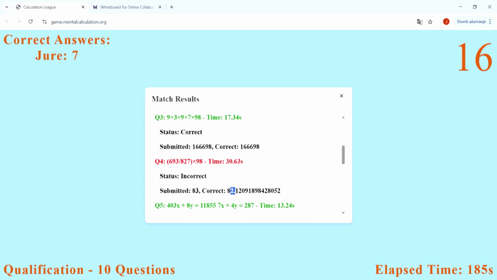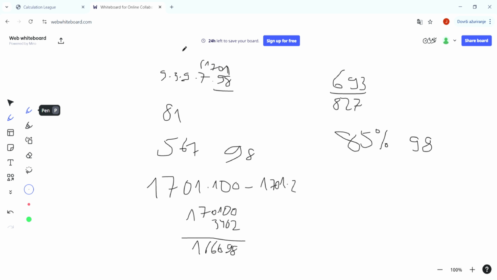That's why I tried numbers 83, 3, 4, 5, 6, 7. But you should know that 85% of 98 should be less than 85, because 85% of 98 is exactly the same as 98% of 85. So this is all just averaging numbers. I'm not calculating anything. I just saw that this was around 85% and I did that.